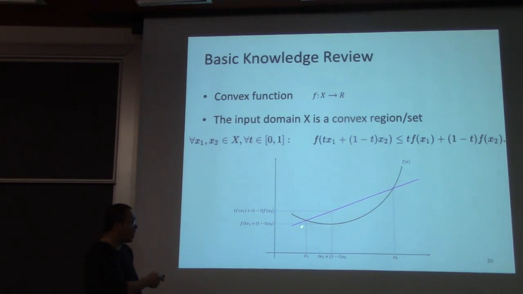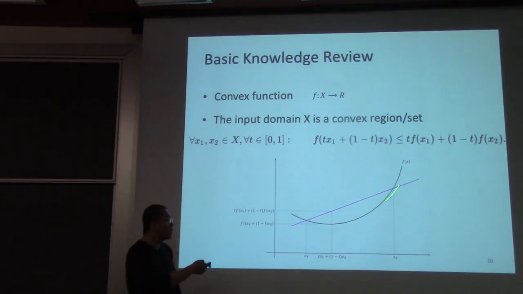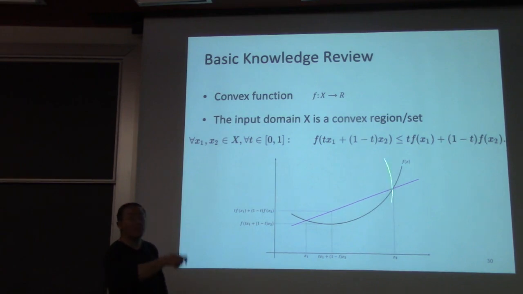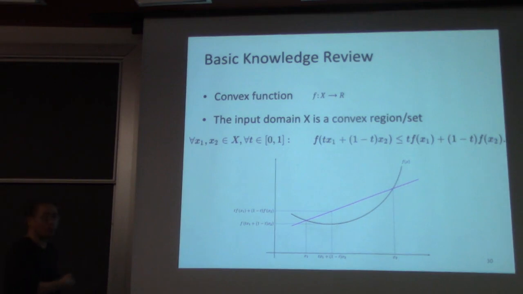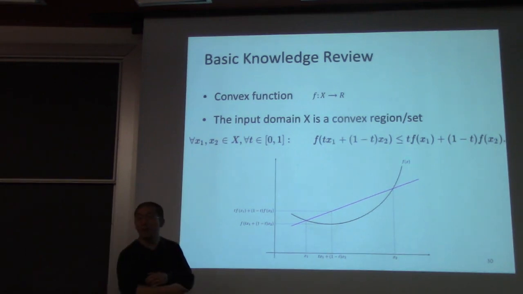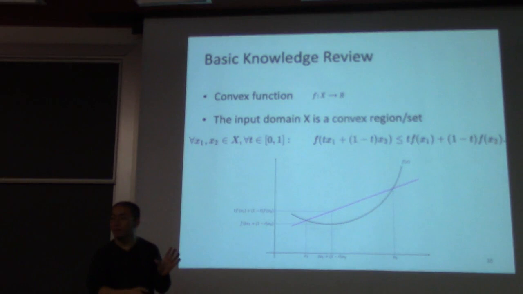Then the convex combination of f(x1) and f(x2) is here. So you can say the convex combination of function values is bigger than the function of the convex combination of inputs. And this holds for arbitrary 2 points. So we can conclude that this function is a convex function. This is just a definition. If you feel uncomfortable, just try to draw this line by yourself and check it by hand.